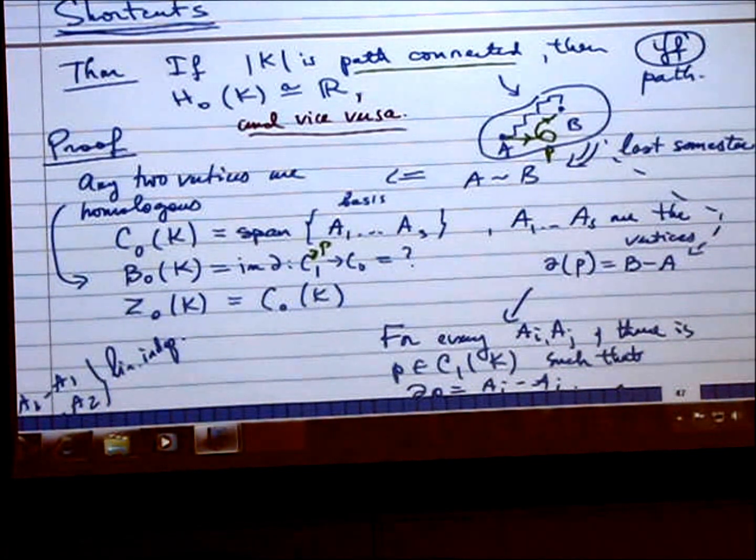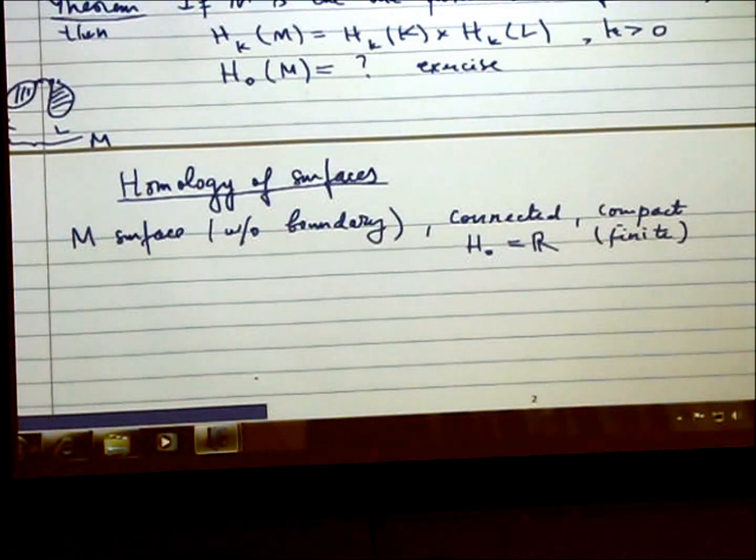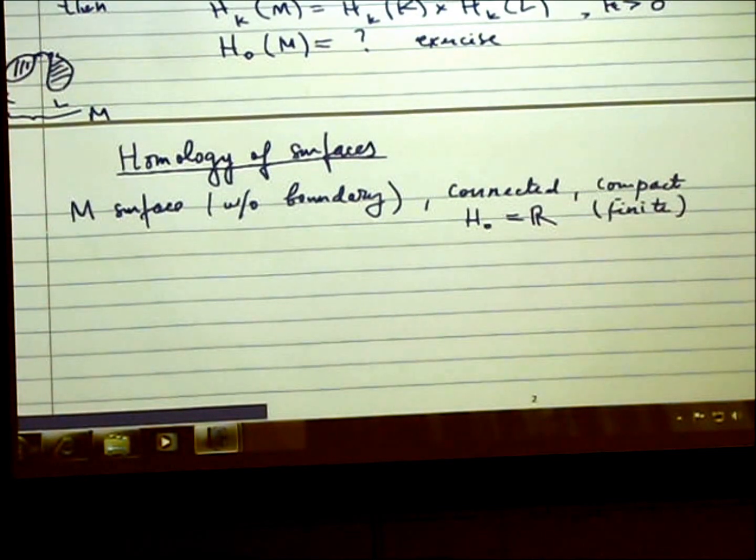That would be the converse of our theorem. Okay, so that's what we know about the homology of M, that H0 is R.